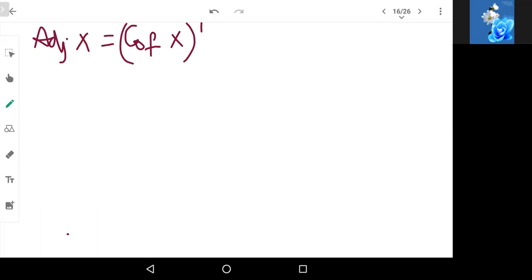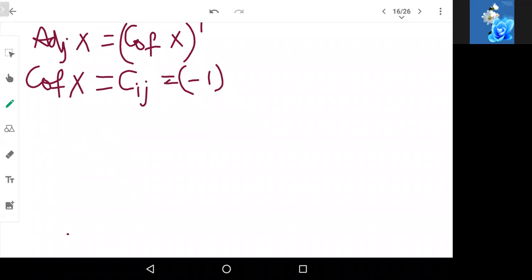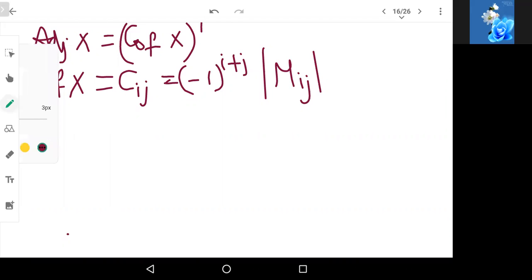Before finding the transpose, we first have to find out the cofactor of x. So cofactor of x is Cij equal to minus 1 to the power of i plus j into the minor, that is Mij. Okay. Now let us start.